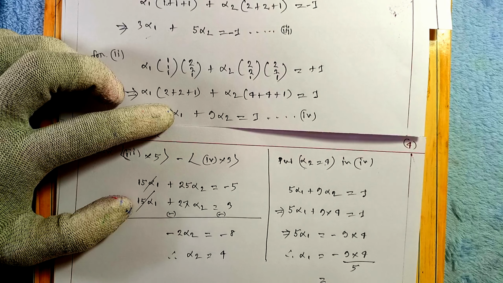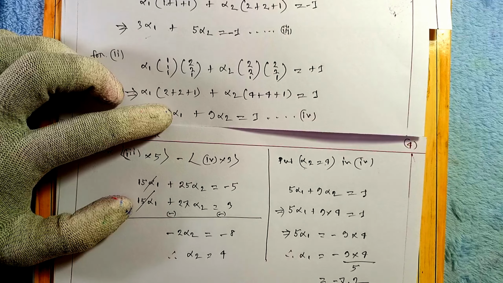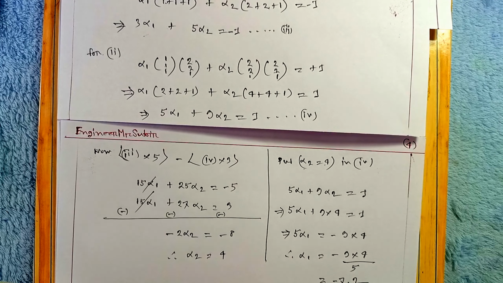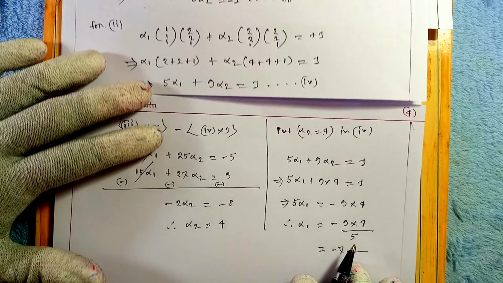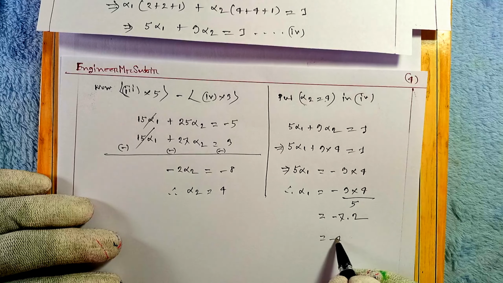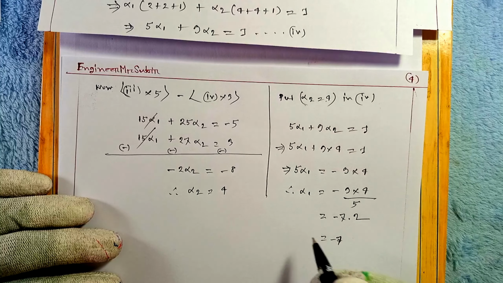It could be minus 7.2 something, so we ignore the float value. We just write here minus 7. That is alpha 1.